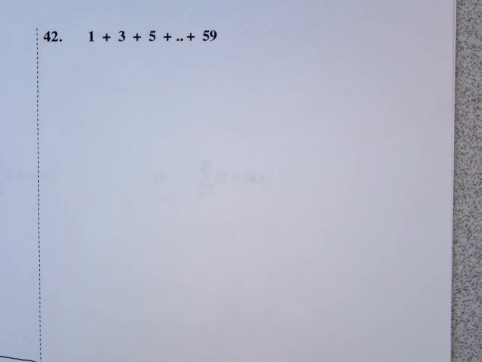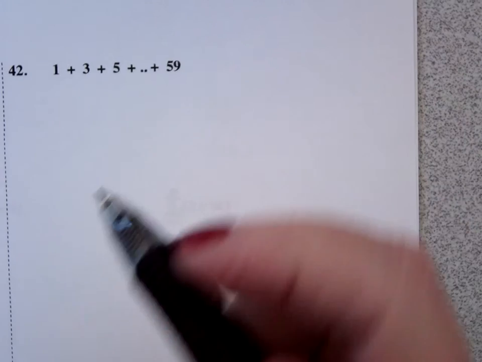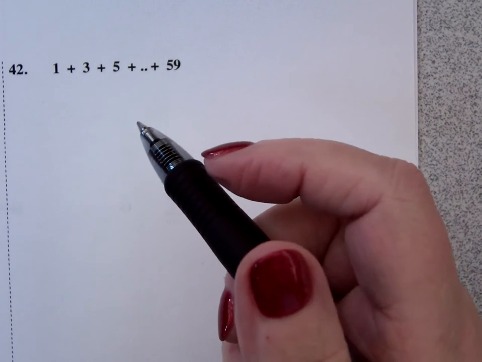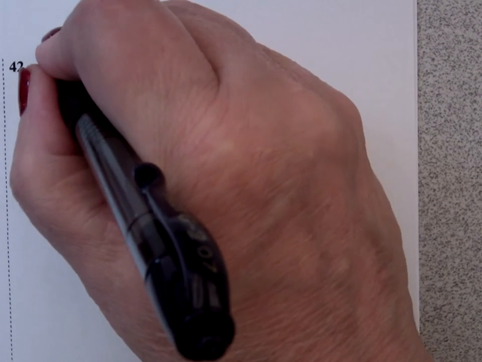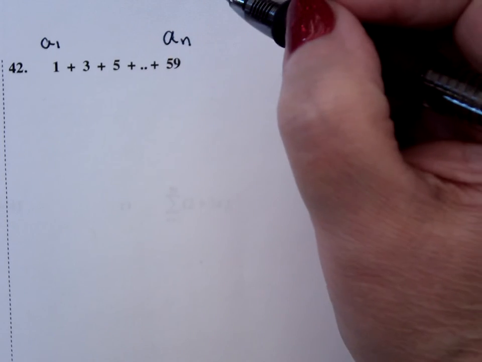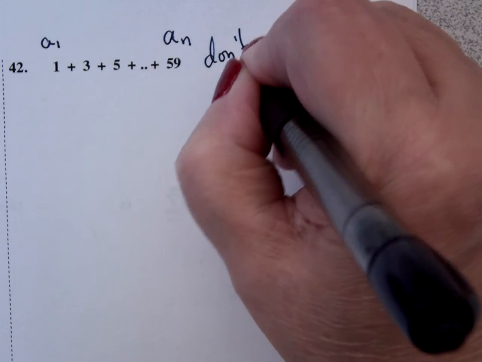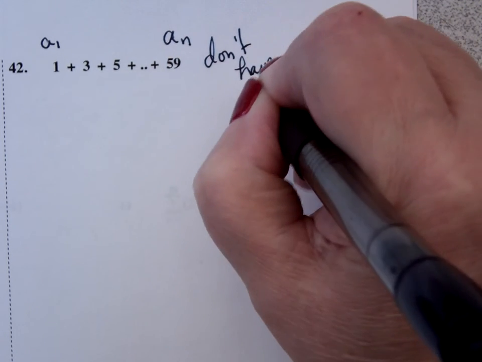Now this guy is all numbers, so he's trickier. The problem that I have is in my formula, here I have the first term, I have the last term. What I don't have is the number of terms.